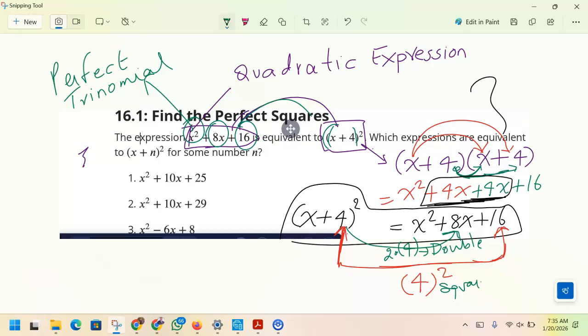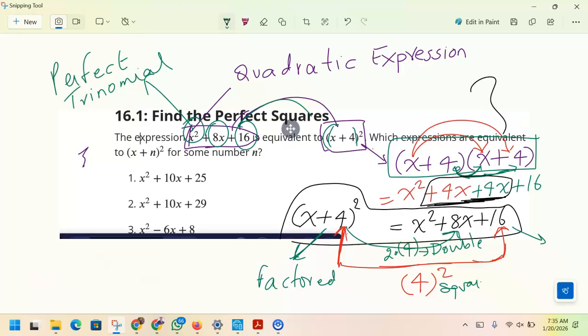That's why there are two equivalent forms: one is the quadratic form, the other is the square form. This is also called factored form, because there are two factors: x plus 4 and x plus 4, repeated. So there's a lot of mathematics here.